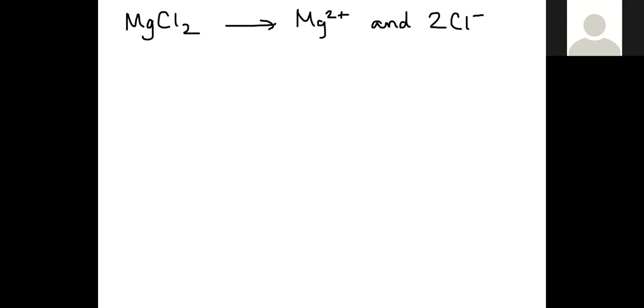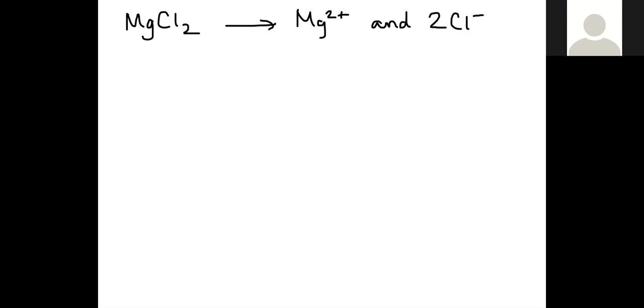So for every MgCl2 I put in, the ions that are created are 1 Mg2+ and 2 Cl-, which means that the concentration of MgCl2 I put in will be doubled for Cl-, because I have 2 of them for every MgCl2 put in.